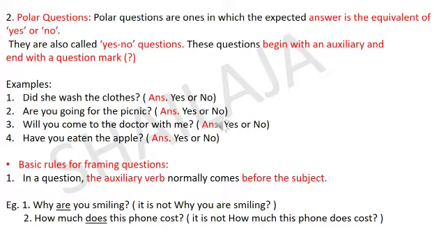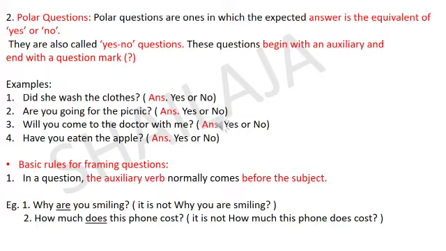Now, what are the basic rules for framing questions? In a question, the auxiliary verb normally comes before the subject. Look at the examples now. Why are you smiling? It's not why you are smiling, because the auxiliary verb will come before the subject. So are is coming before the subject you. So this is the right way of framing the question.